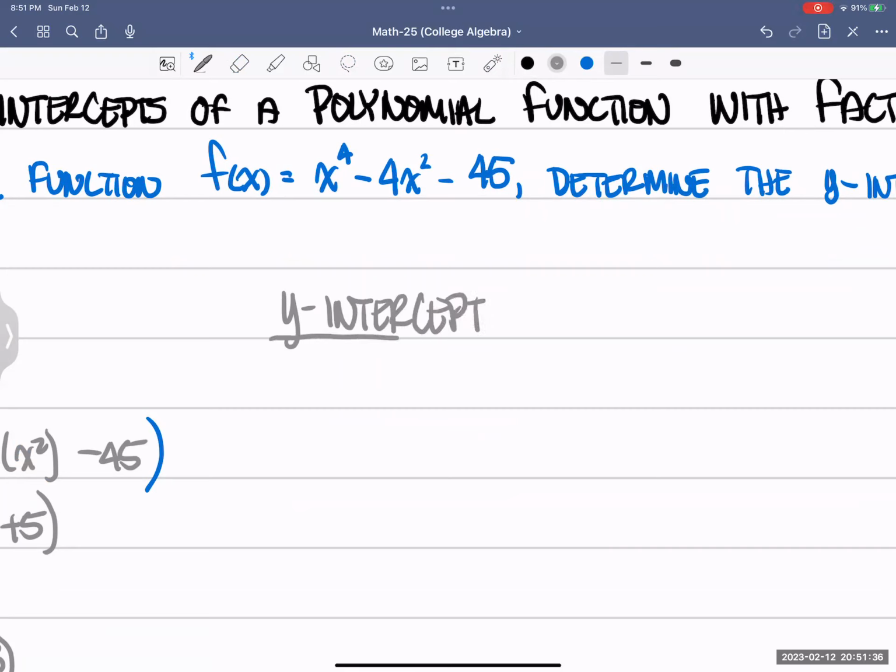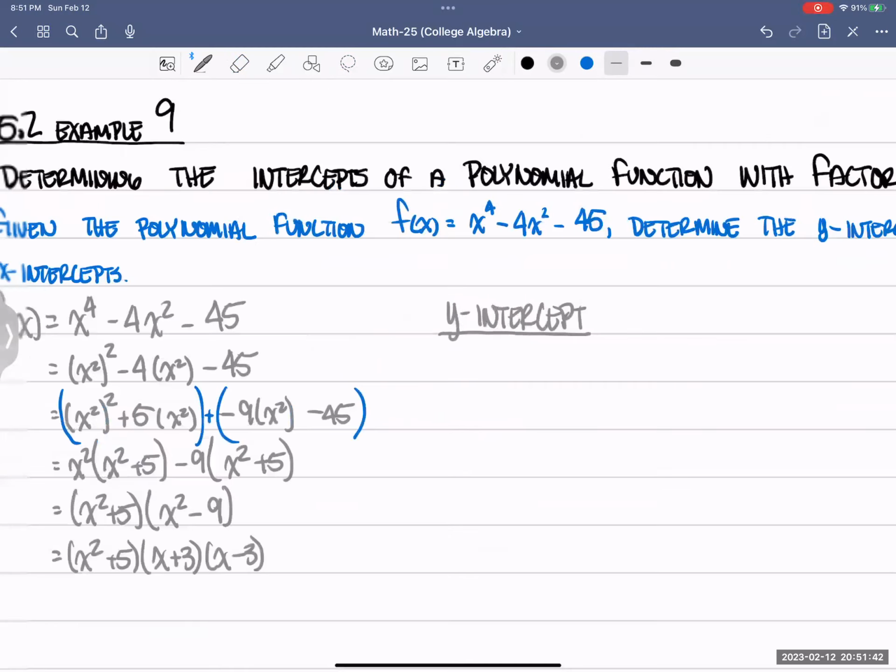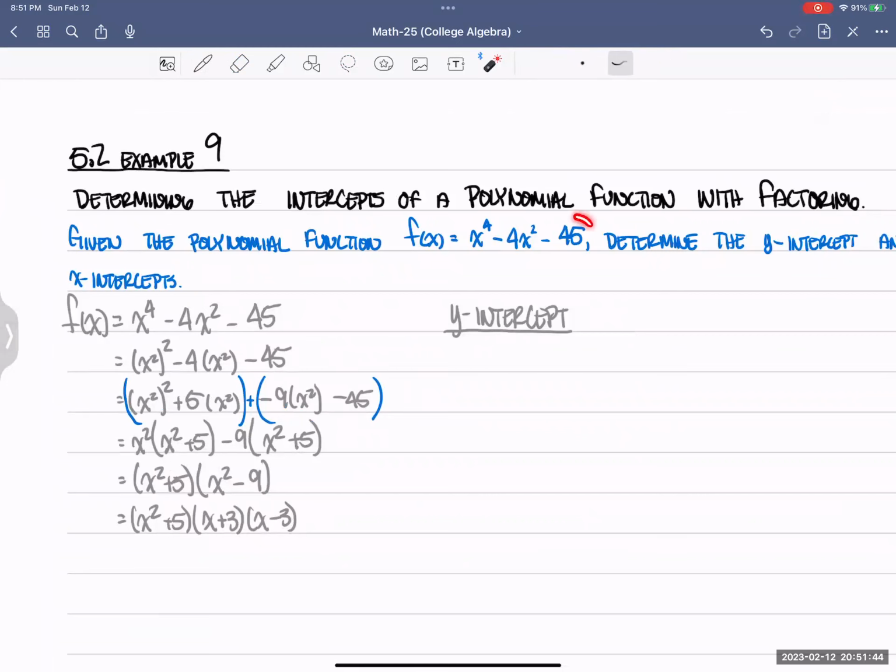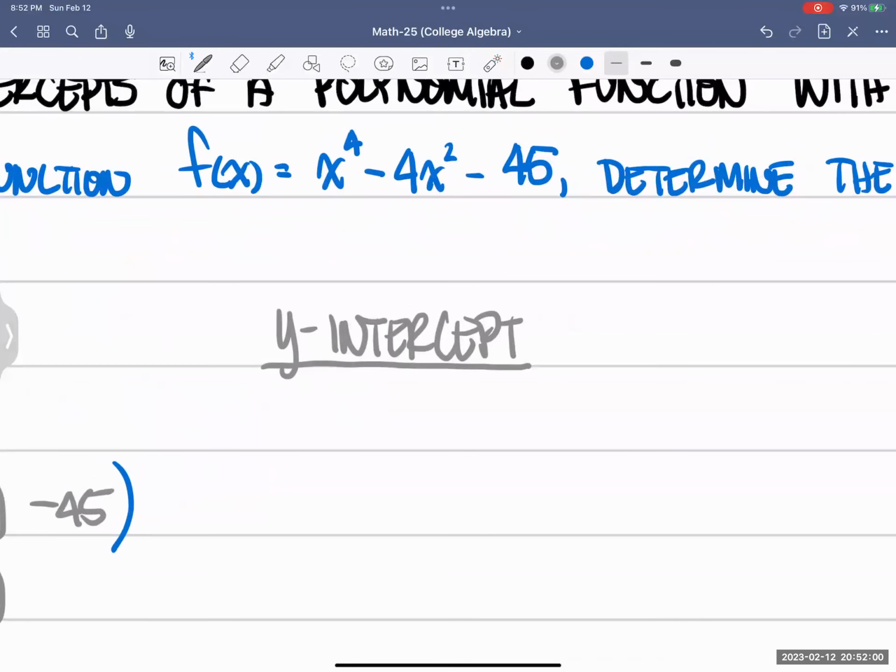To find the y-intercept, we're evaluating our function at x equals 0. I'm going to show you a little shortcut. When x equals 0, this part is 0, and this part is 0, and we're just left with this, so we can find our y-intercept very quickly. Let's just do that.